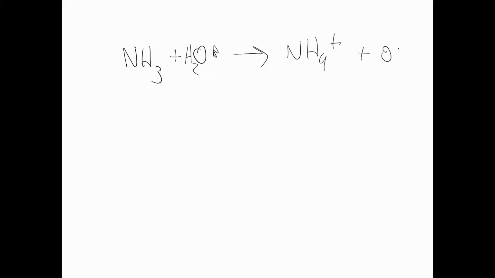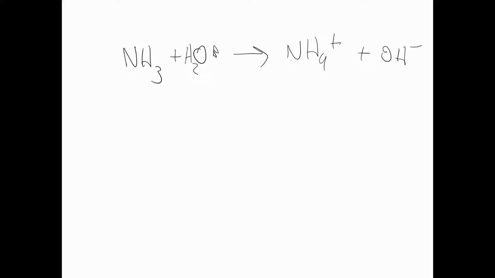Okay, so if I take NH3 plus H2O, in this case water is acting as an acid because ammonia is a stronger base than water. So it becomes NH4 positive plus OH minus.